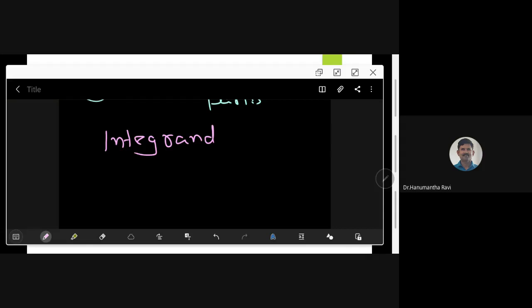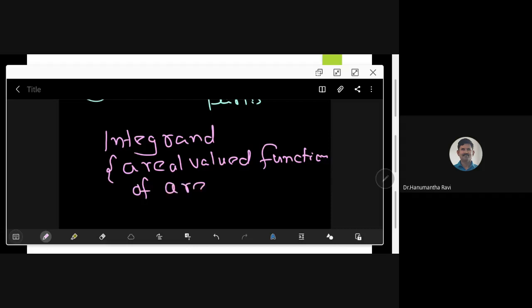The key terms we use: first, the integrand, that is basically a real valued function of a real variable, and usually we represent that by f of x in the above context. The second point is the integrating variable.